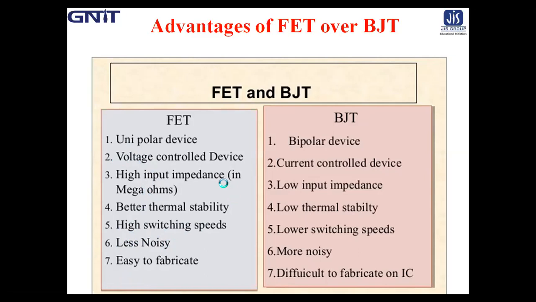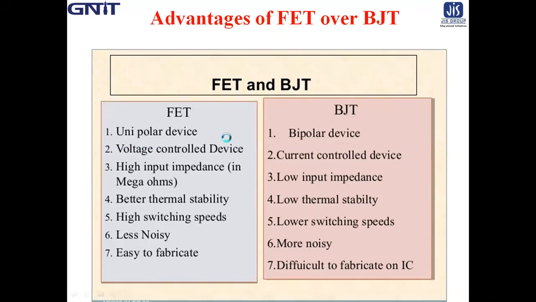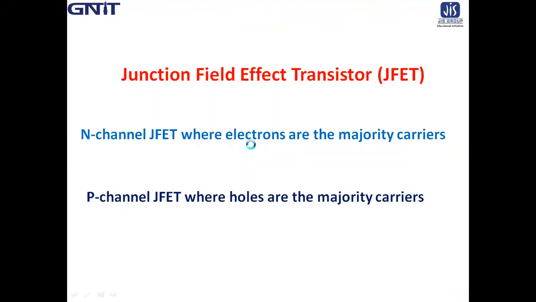Now we know that the main categories of FET are junction field effect transistor and metal oxide semiconductor field effect transistor. So let us start with junction field effect transistor, or abbreviated as JFET.